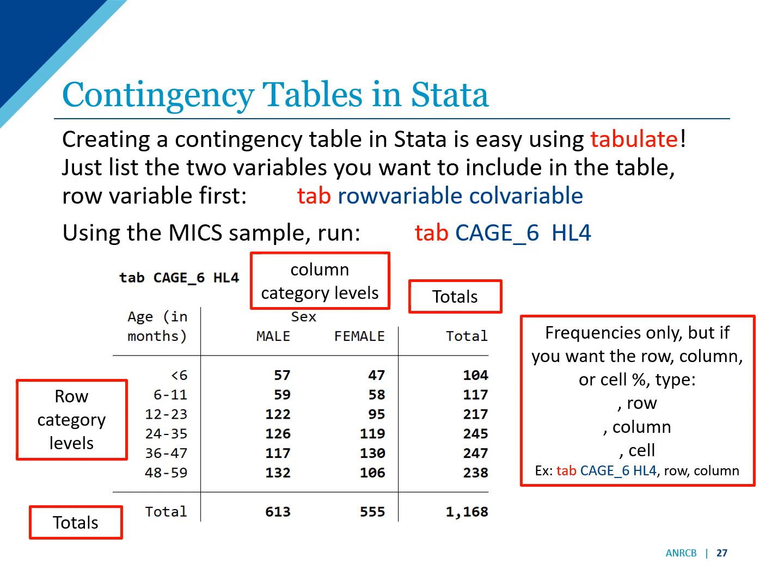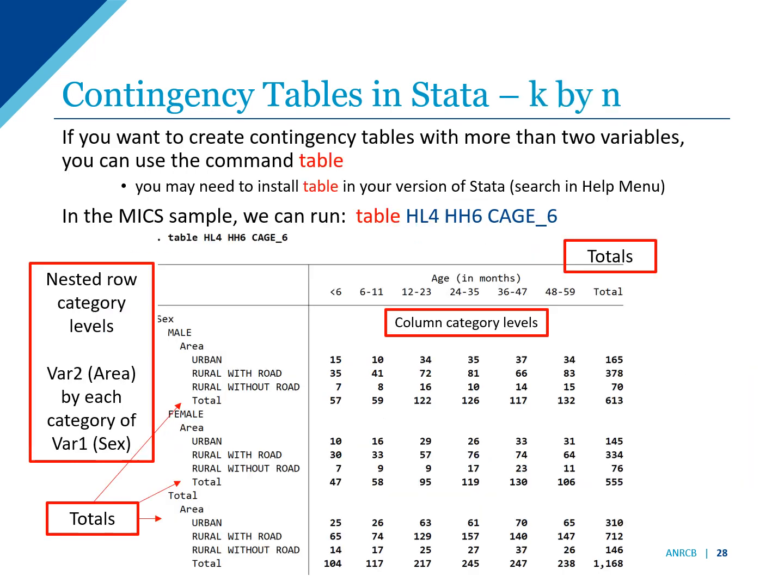This defaults to only showing the counts, but if you want to show percentages, you can add the options row, column, or cell to the tab command to see whichever percentages you want in the table. To create a contingency table in Stata for more than 2 variables, you can use the table function, which you may need to install after searching for it in the help menu.